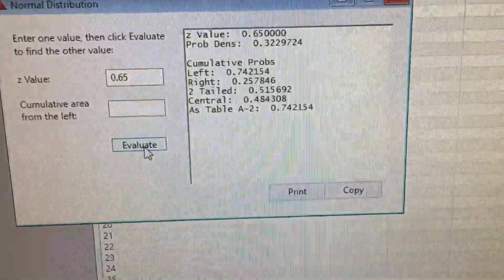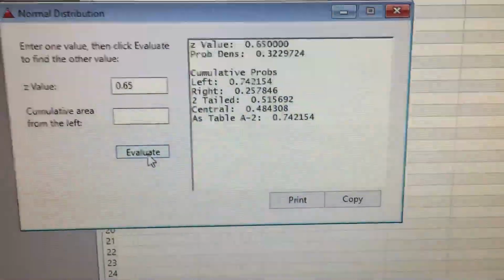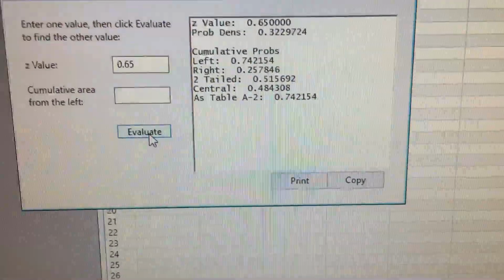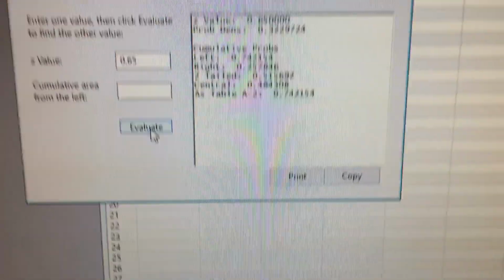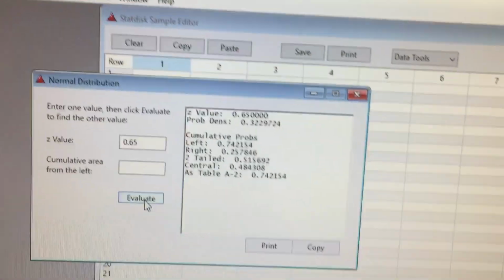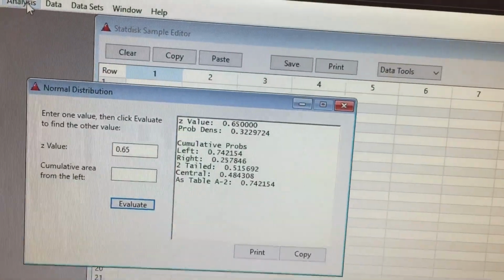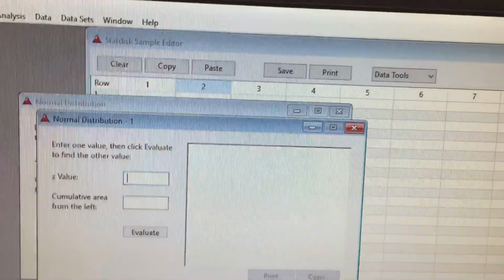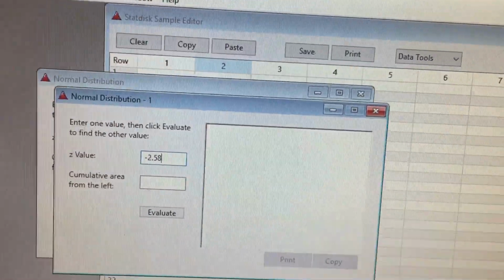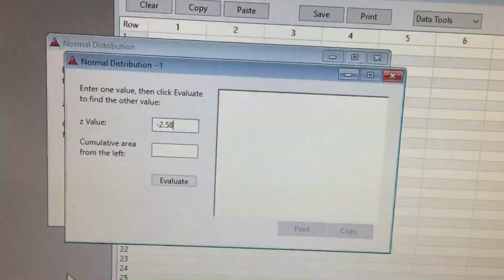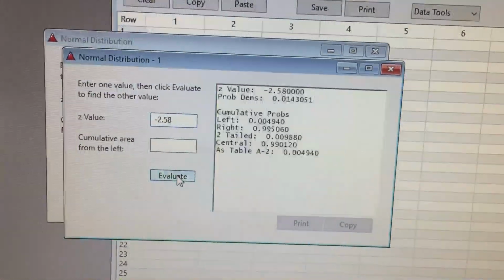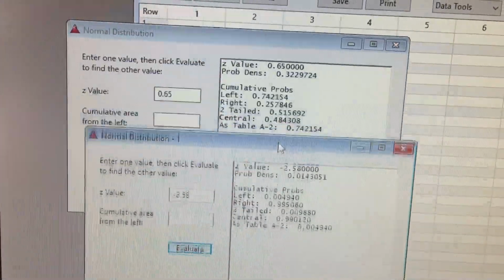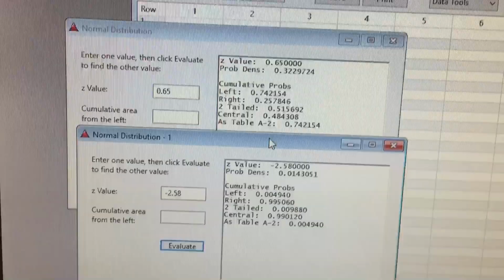Now, we're looking for the area in between the two. So that means we need to subtract 0.7422 minus 0.0049. I'll bring that up again. So it was negative 2.58, and I came up with 0.0049 for the cumulative area on the left.